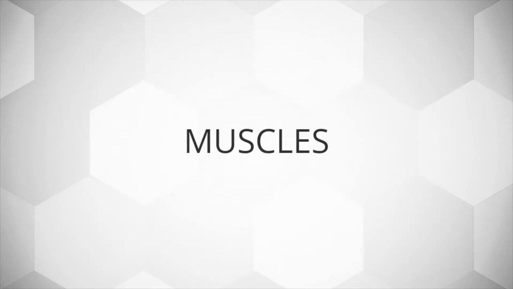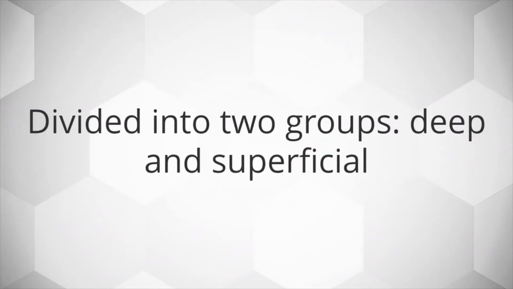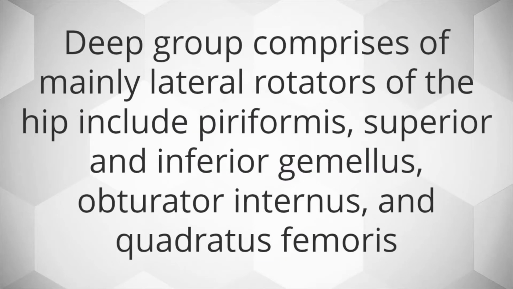Let's talk about the muscles of the gluteal region. The muscles of the gluteal region are divided into two groups, the deep and superficial. The deep group comprises mainly lateral rotators of the hip, including the piriformis, superior and inferior gemellus, obturator internus, and quadratus femoris.